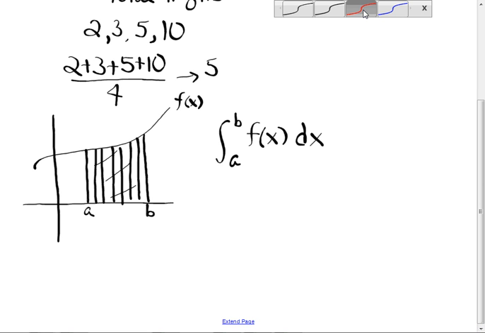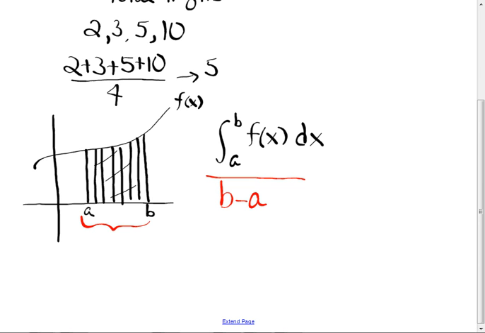And unfortunately, there's an infinite number of numbers, but I want all the numbers from A to B. So how could I write that? B minus A. If you can remember that, that's one less formula for you to remember. So to do the average value of the function, you add up all the y values and divide by the width of the interval.